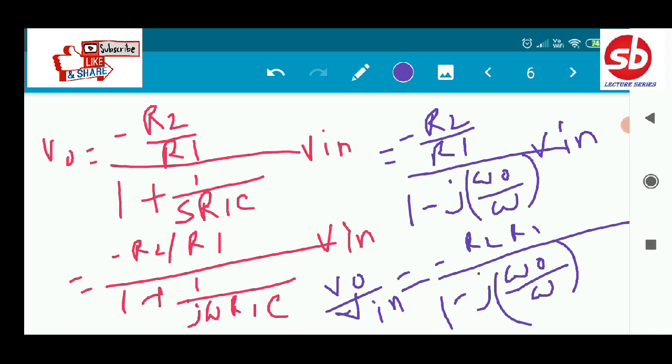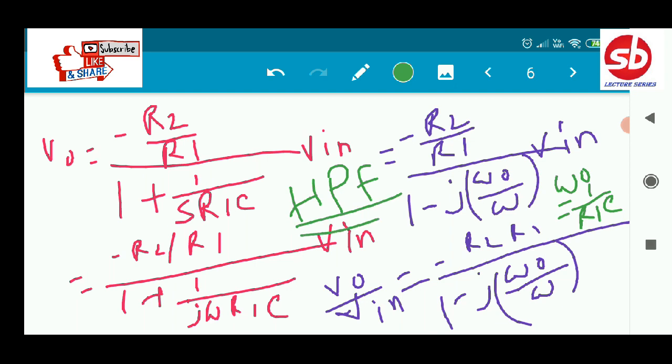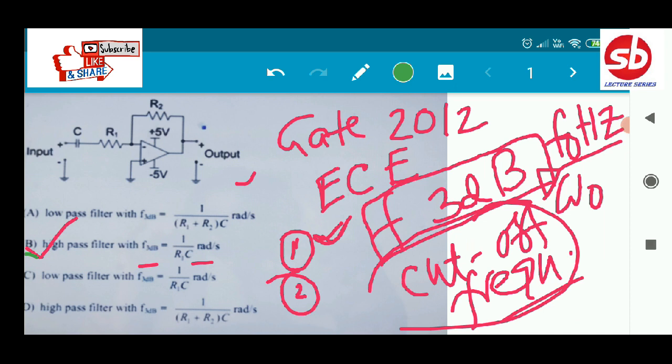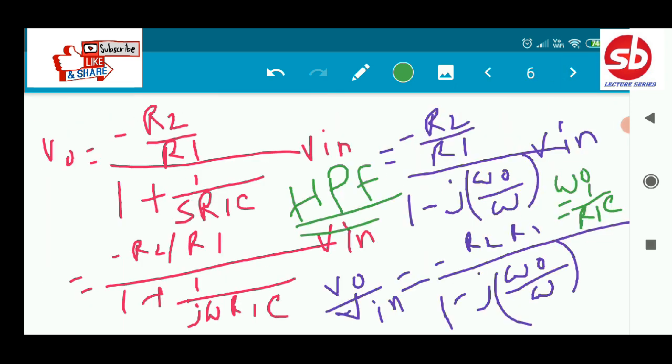So this omega 0 is equal to 1 by R1 C. This is already proved to be a high pass filter. So your answer is high pass filter with f3 dB equal to the cutoff frequency 1 by R1 C. This is the answer. Omega 0 equals 1 by R1 C.